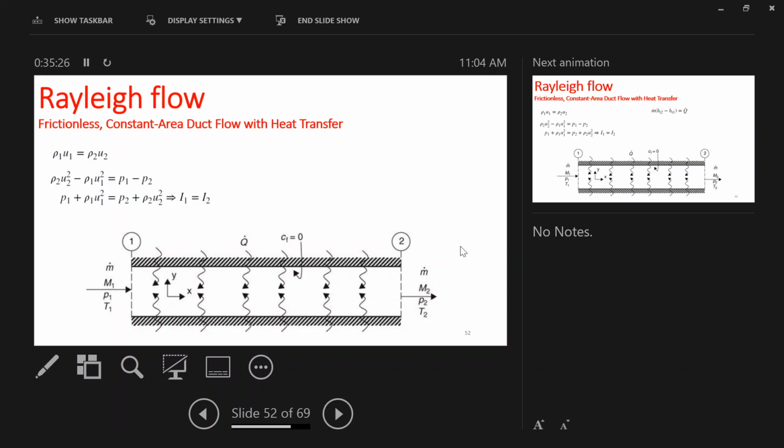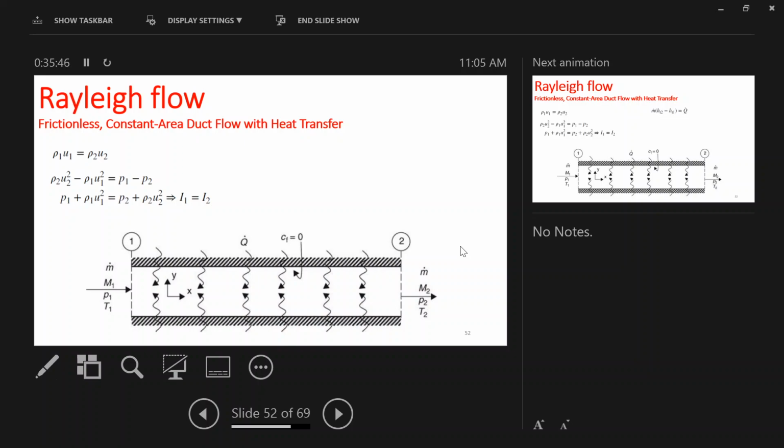The momentum equation is going to be rho 2 u2 squared minus rho 1 u1 squared is equal to p1 minus p2. We can actually move the inlet condition to one side and the outlet condition to the other side.